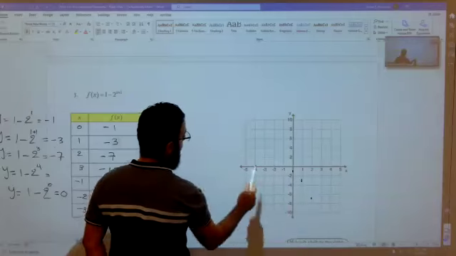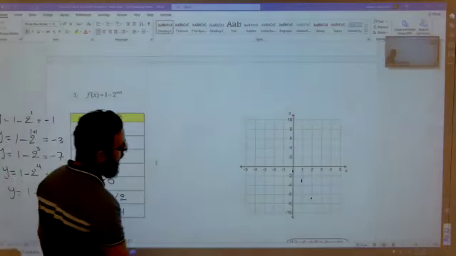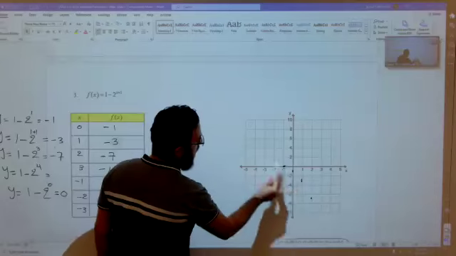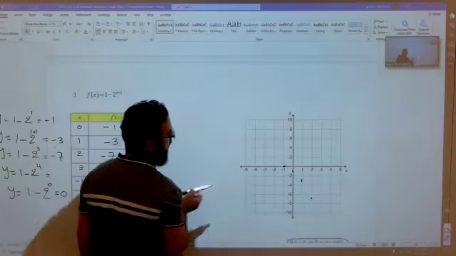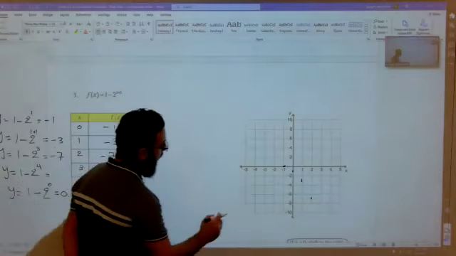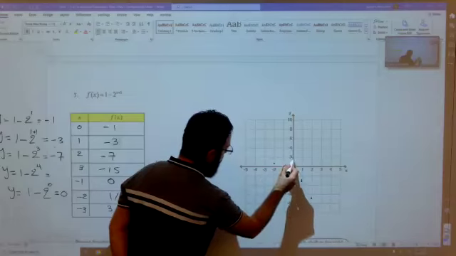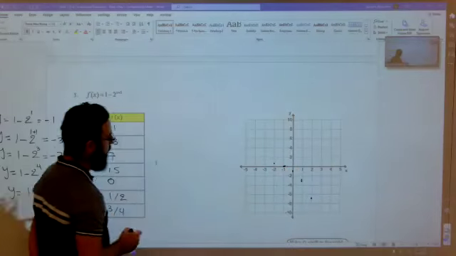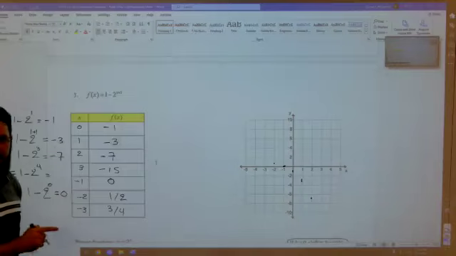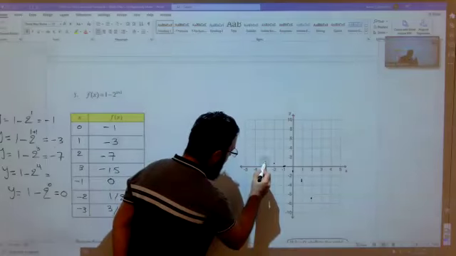But let's see the other side. With -1 it is going to be 0. That means this graph is going to cross the x-coordinate. With -2 it is going to be half, which is here, because here is 2, so 1, and here's the half. 3/4, which is 0.75, is going to be here.